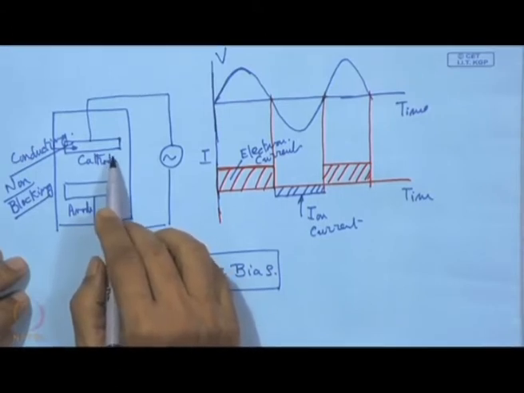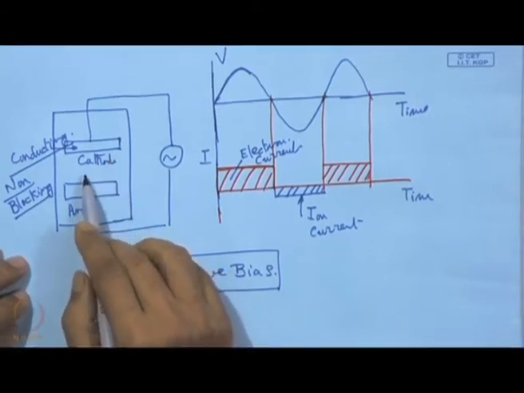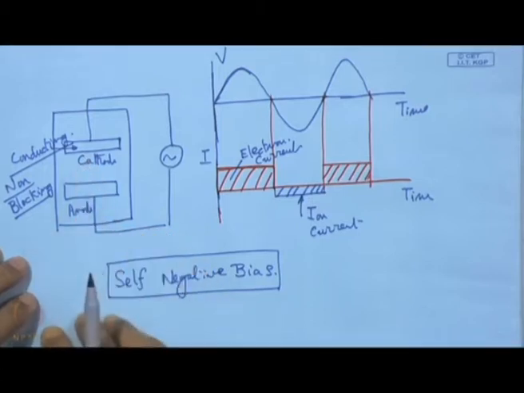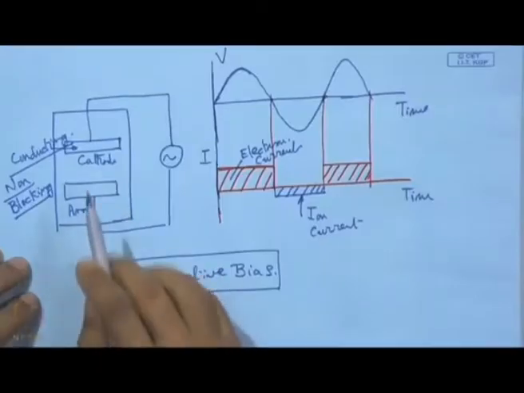Why? This is necessary to pull the ions which will do the necessary dislodgement, ejection of the sputtered material from this cathode surface, and in addition secondary electrons also from that cathode surface.